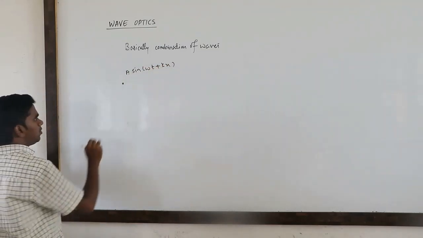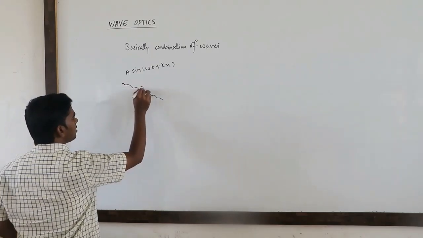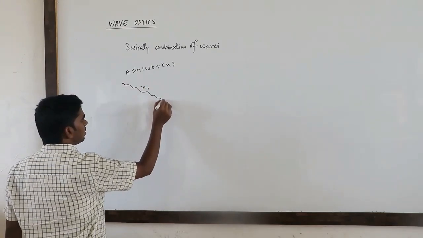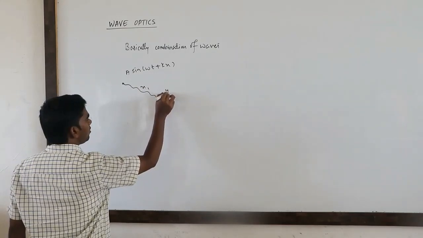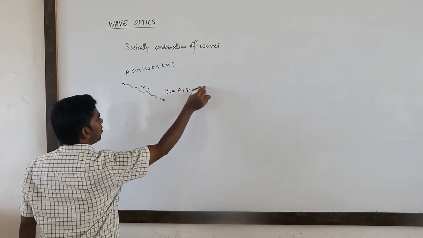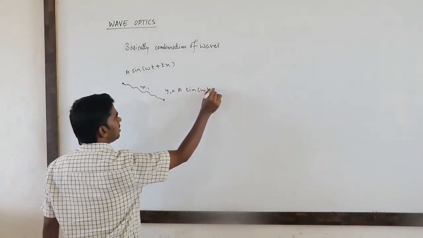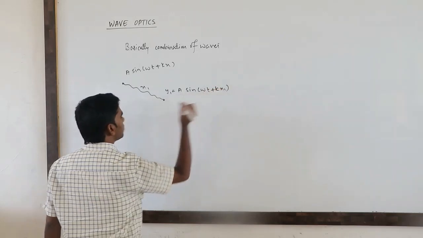Suppose a wave is coming and it is traveling a distance, say x1. What is the equation at this point? You can write it as a1 sin(omega t plus k x1), or simply a sin(omega t plus k x1), no problem.